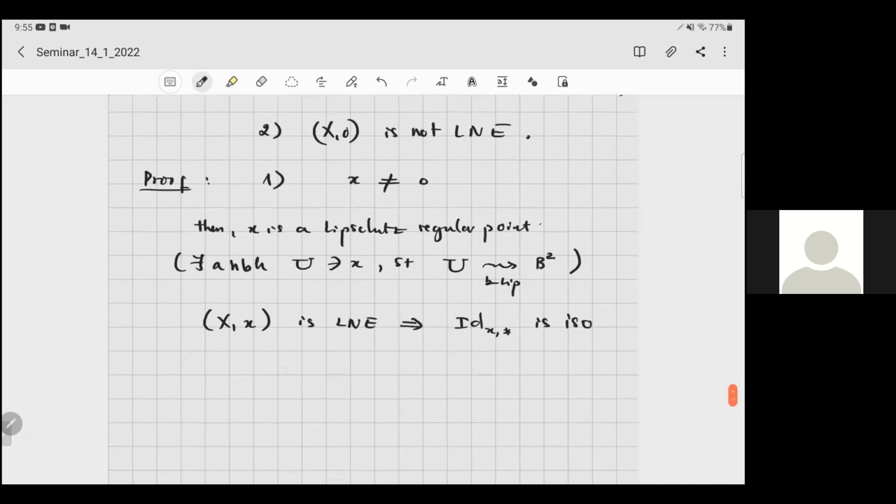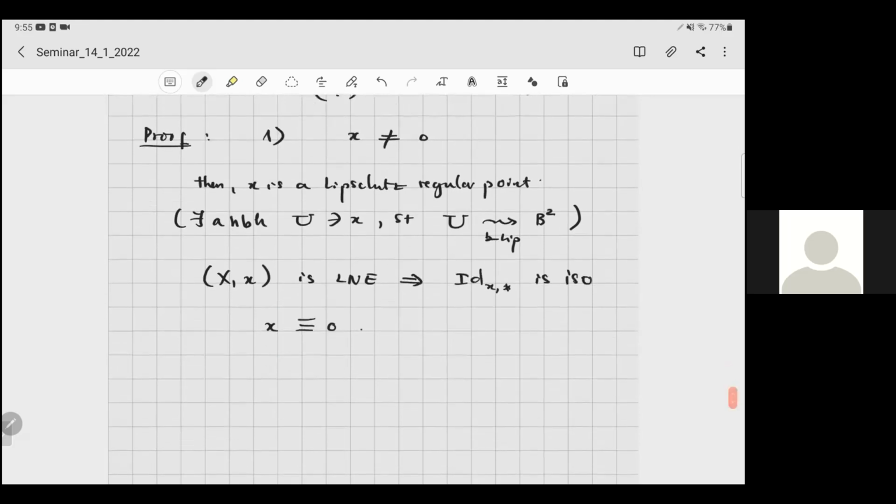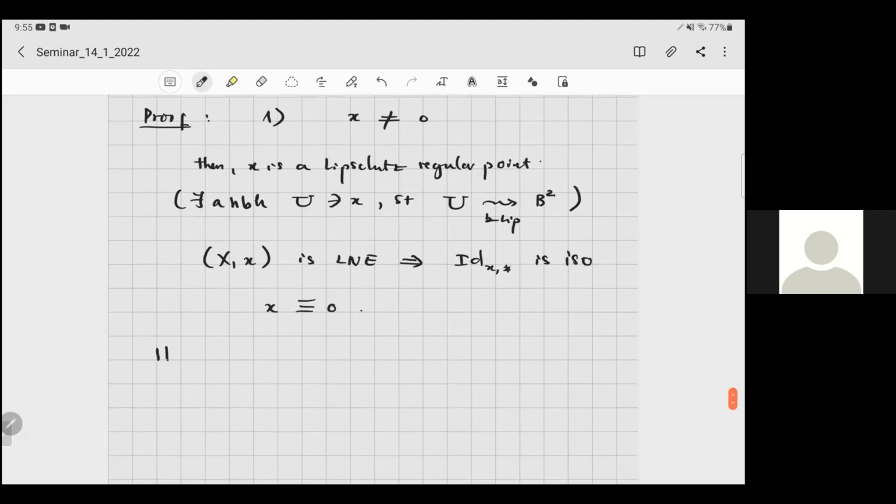And we only need to check the case x equals 0. In this case, I take the Lipschitz retraction. Take the map H from X cross [0,1] to X. I take here (x, z, t), and here s, for example. I put this as (sx, sz, t).